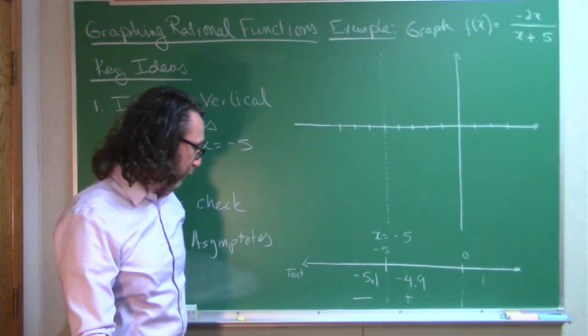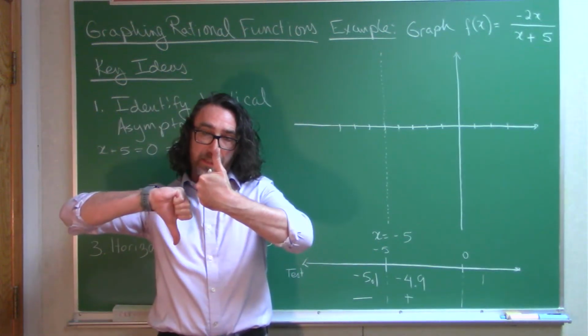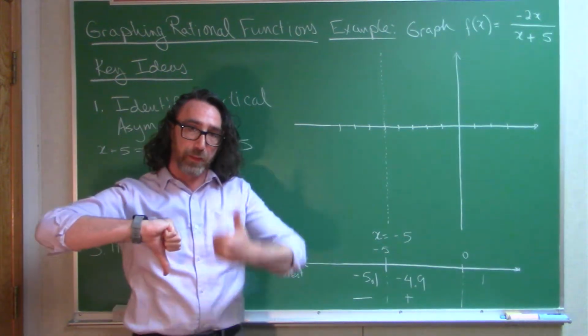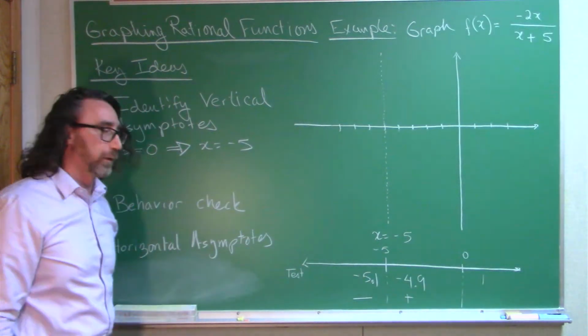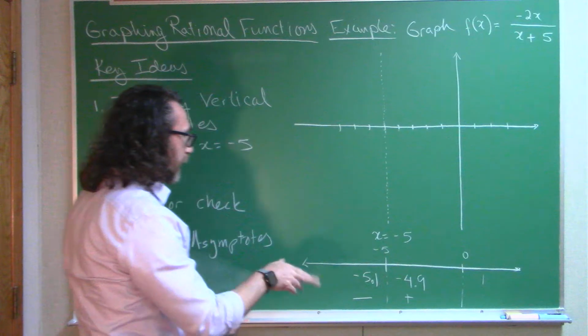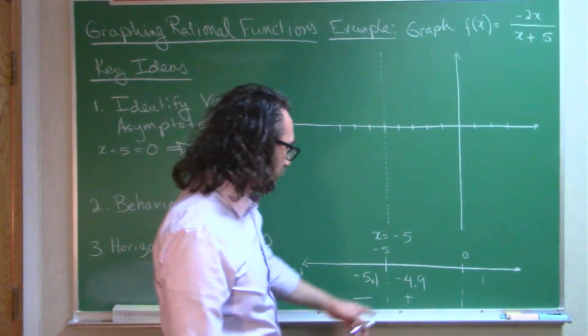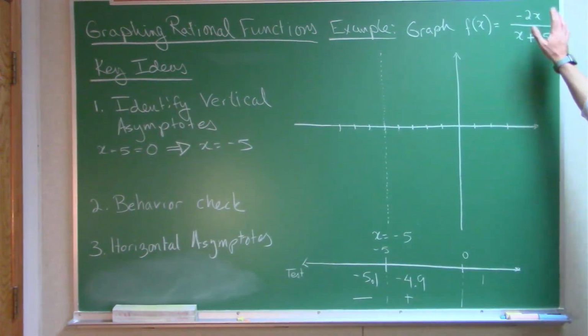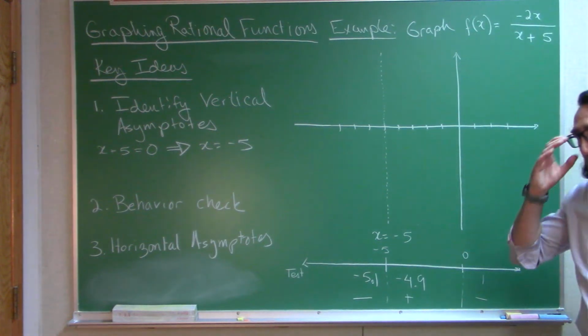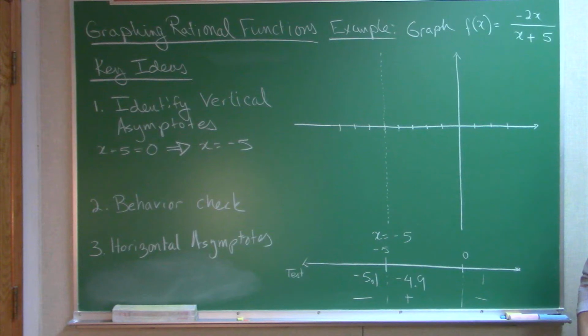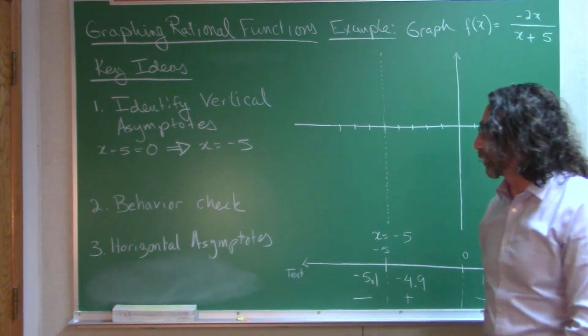It looks like in this case we have that scenario: negative, and then positive at my vertical asymptote. Now, let me check what's happening over here. If I plug in a 1, negative over a positive, so that's negative. Okay, great. So I got my behavior check done.